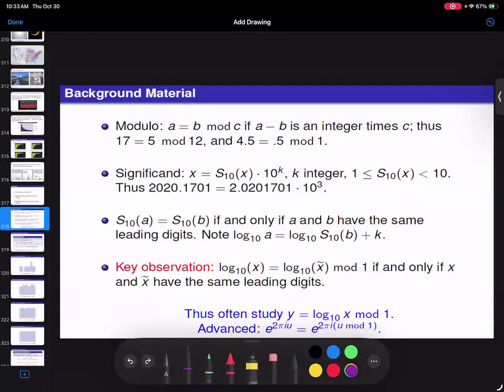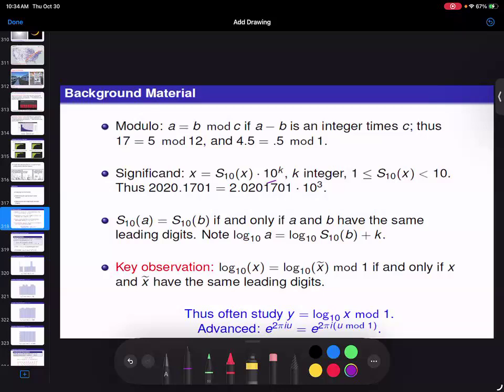So two numbers, A and B, have the same leading digits if and only if their significands are the same. Well, that makes sense because the other part is just adding how many zeros we have. So it's a nice exercise to show this equivalence. Now, if I take the log base 10 of A, if I write it in scientific notation, it's the log base 10 of its significand plus the log base 10 of 10 to the k.